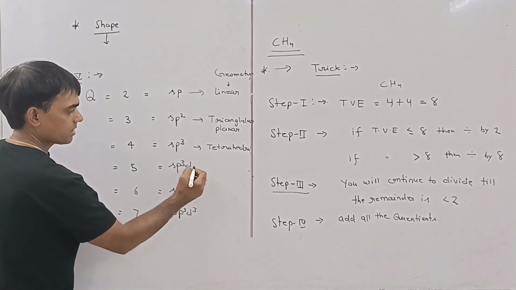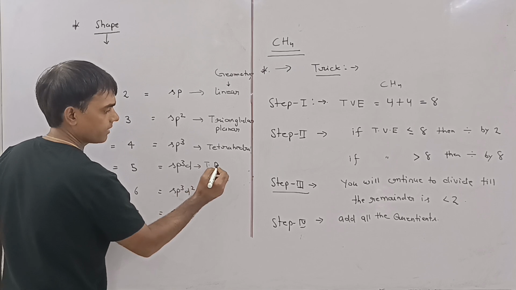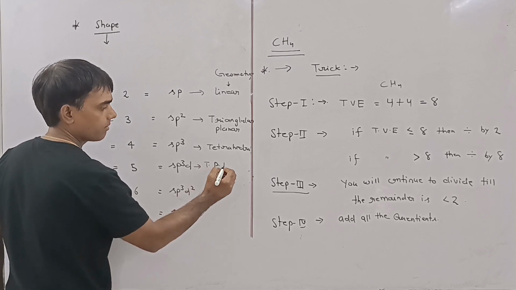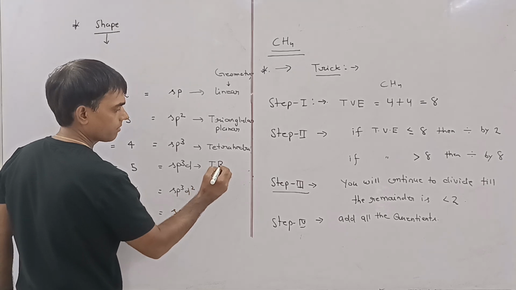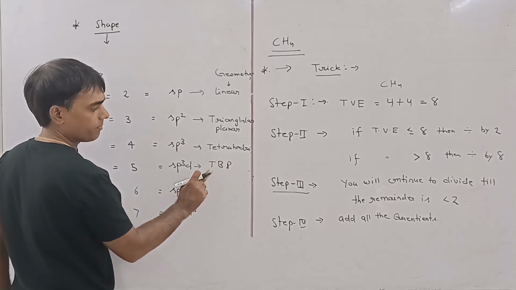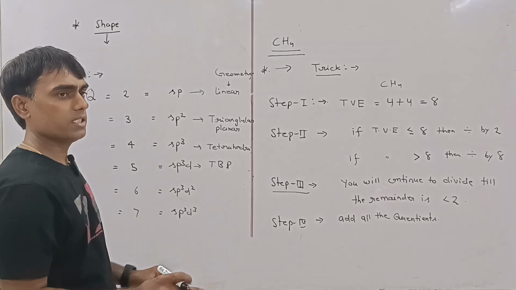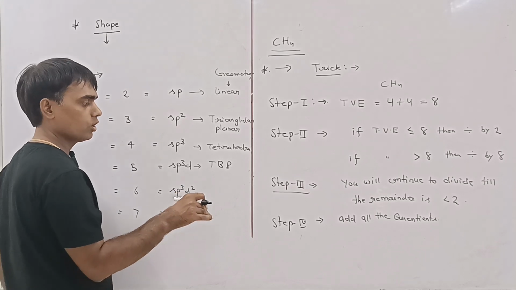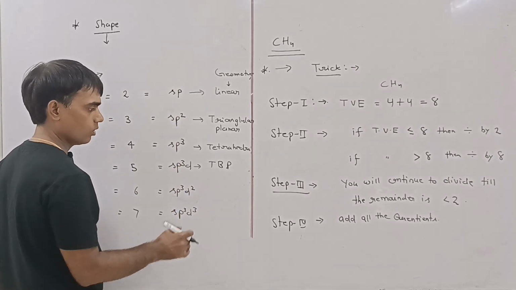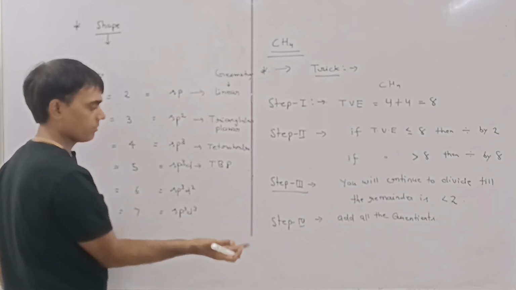And for sp3d, it is triangular bipyramidal, TBP. Triangular means three bonds in a triangular plane, and two bonds above and below. There are two pyramids, one above the triangular plane and one below.